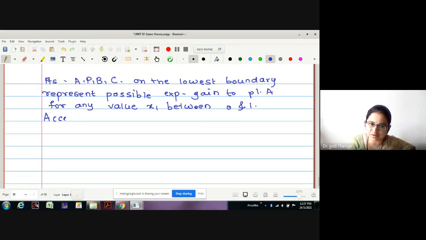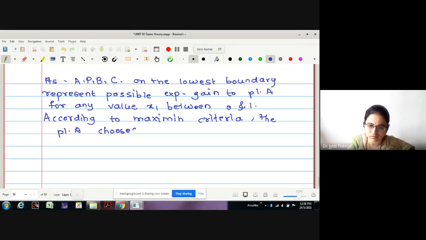And according to the maximin criteria, the player A chooses the best of the worst outcomes.